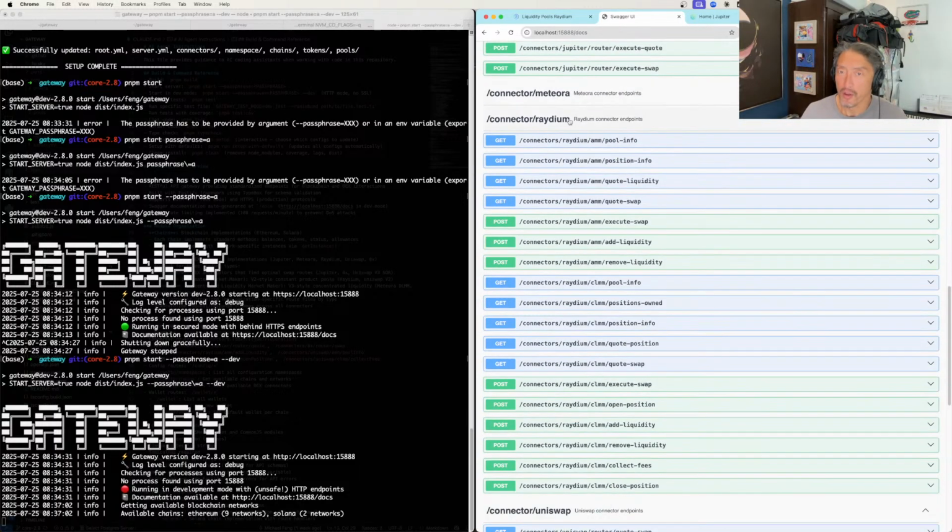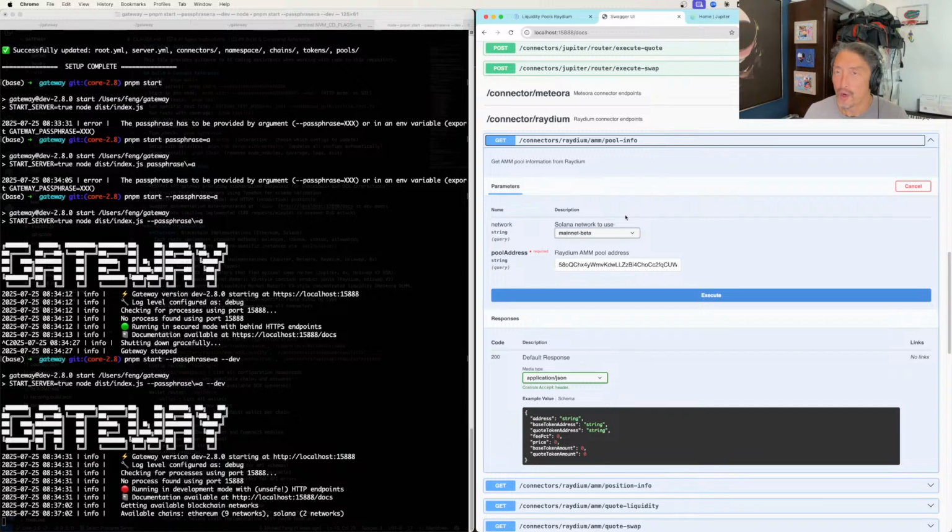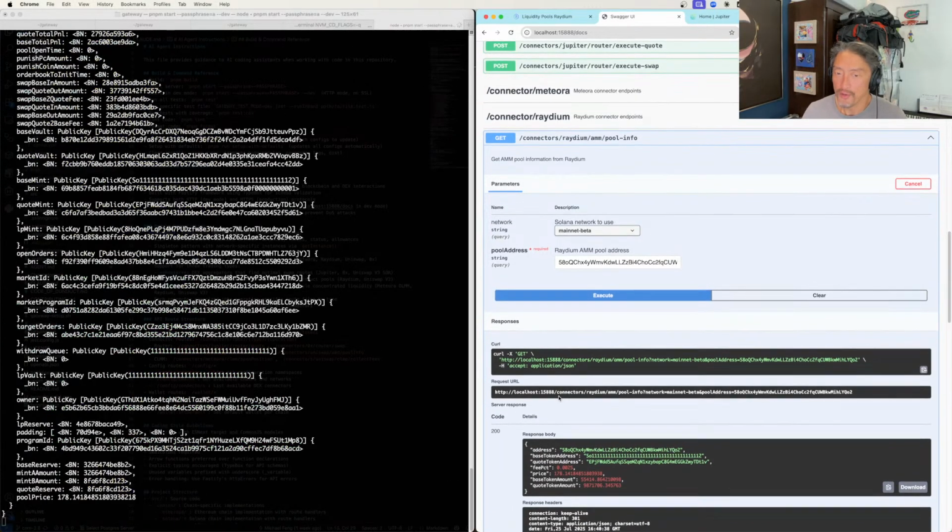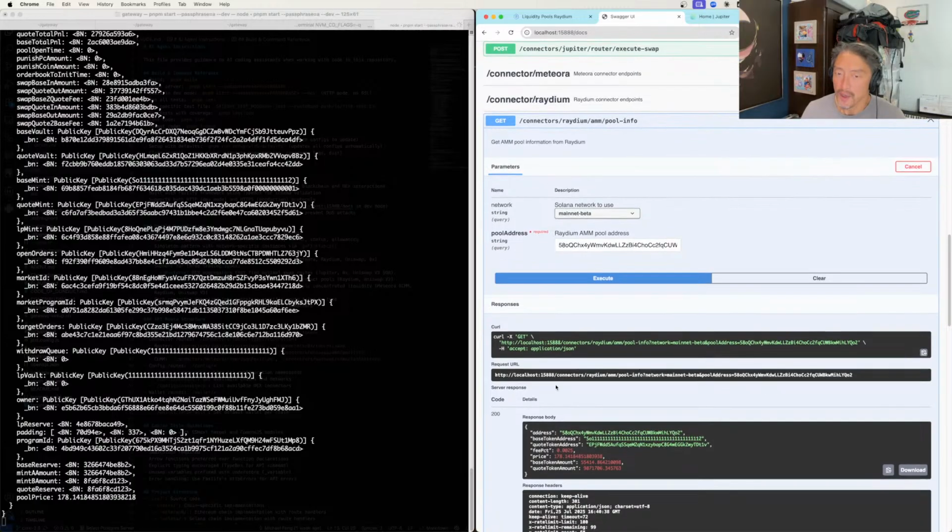Actually, we should probably take a look at the Raydium ones, which are similar. For each of these, they are different. For example, let's say we want to get the pool info on Raydium like this. We can fetch it, and we can see the address of this pool here.